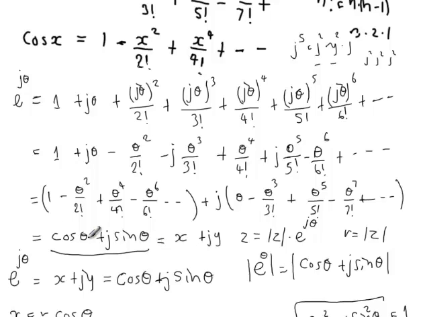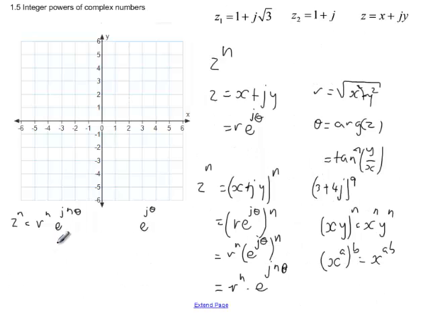Is it? So now coming to this situation here, our theta is not just a simple theta, but a multiple of theta, n theta. So we have to have this thing as r to the power n, brackets, cos n theta plus j sin n theta.